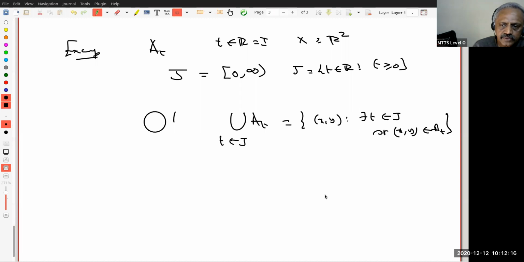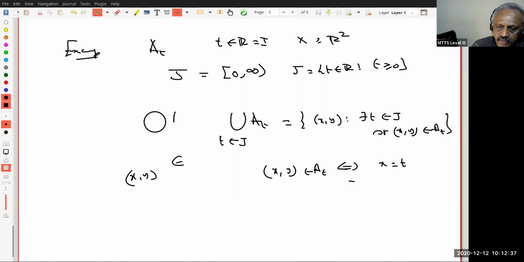Now start with an element (x, y). If it belongs to the union of A_t here, that means there is a t in J so that (x, y) belongs to A_t. If (x, y) belongs to A_t, when does it happen? This happens if and only if x equals t. But what is my assumption about t? t is greater than or equal to 0. Therefore, this means x is greater than or equal to 0.